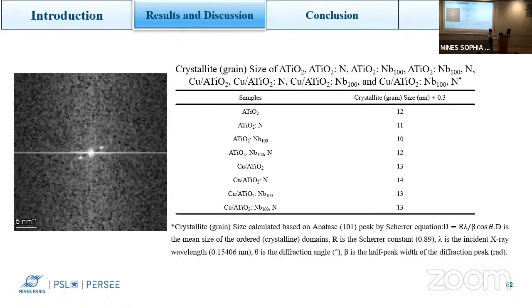It's 10%, it's not quite high. From XRD it's measured from the peak position, so it's not obvious to calculate it from there. Okay, I'm not sure, but perhaps Corinne knows it better than me.